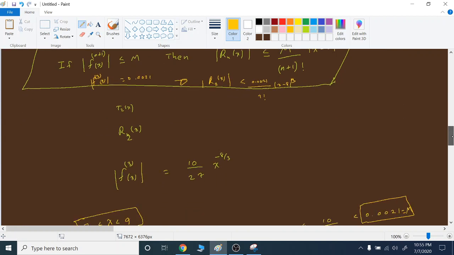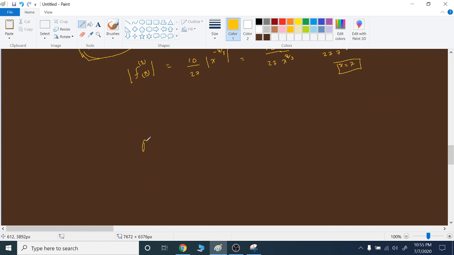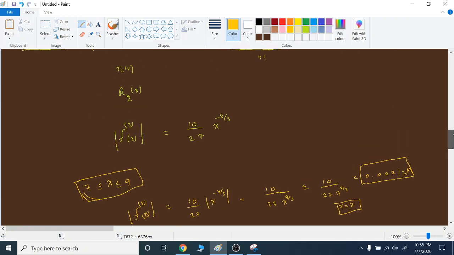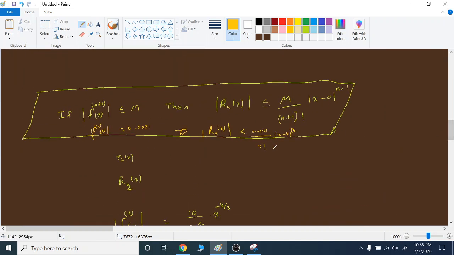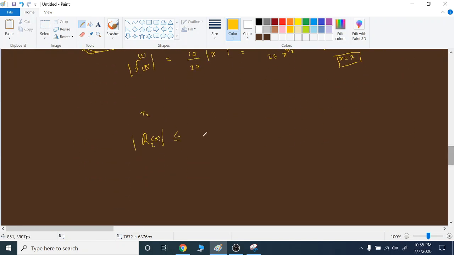So if I write it separately, the remainder caused by T2 will be less than, or we can even say strictly less than, let's have this equal sign for safety, this portion, that is 0.0021 divided by 3 factorial times |x minus 8| to the power 3.